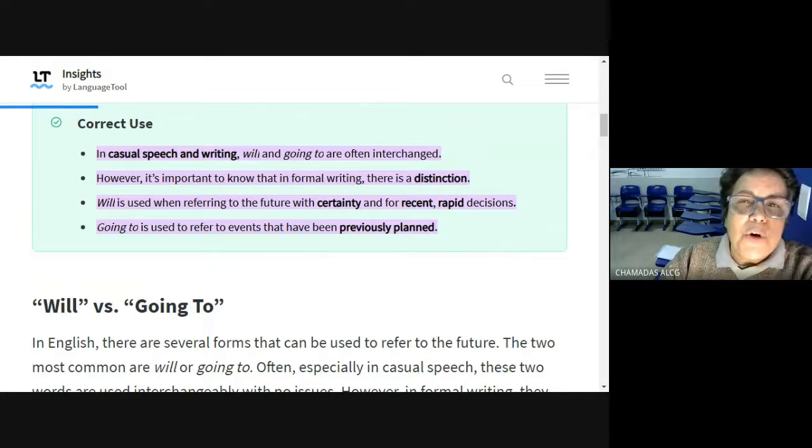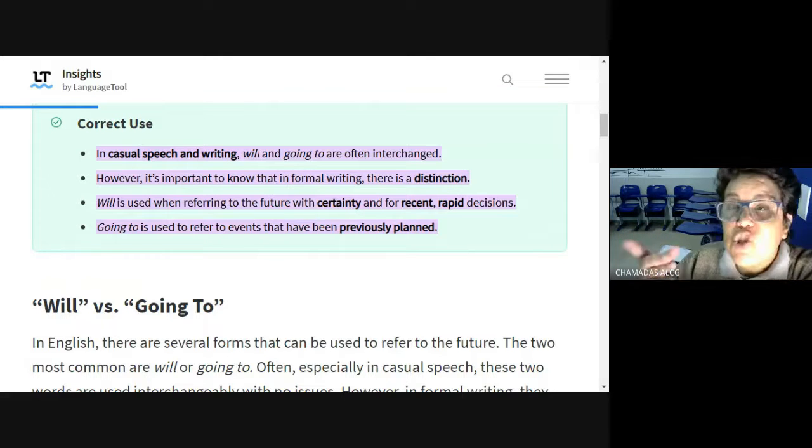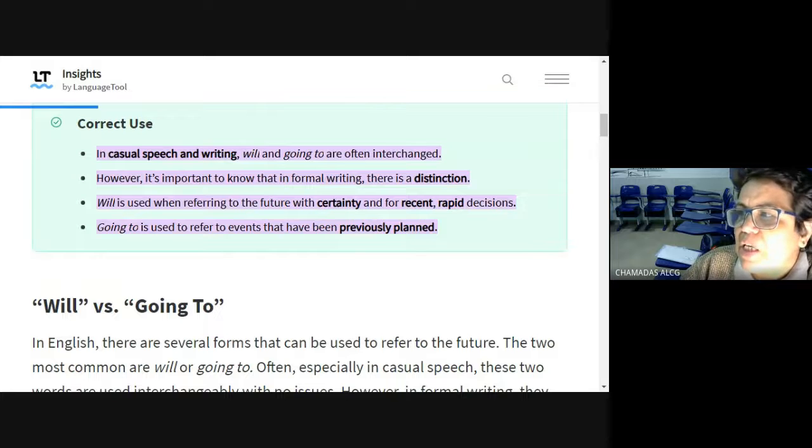So these words really don't express certainty like they say here, but they represent what you think, your view. So you can say, oh, I think I will travel to Europe next year. I think, okay?